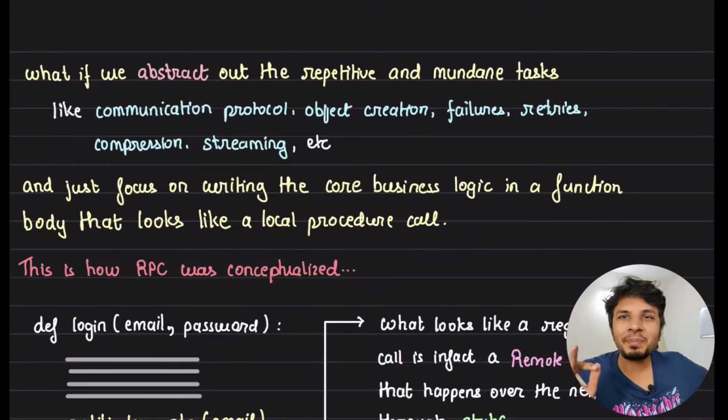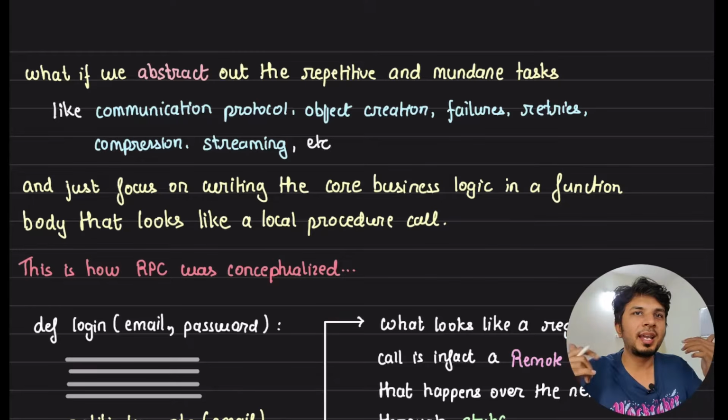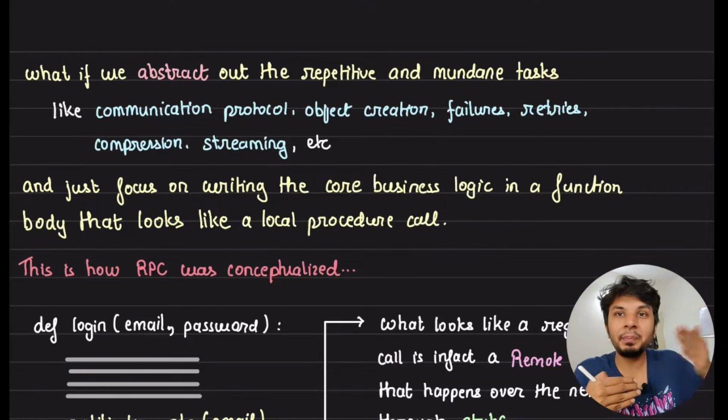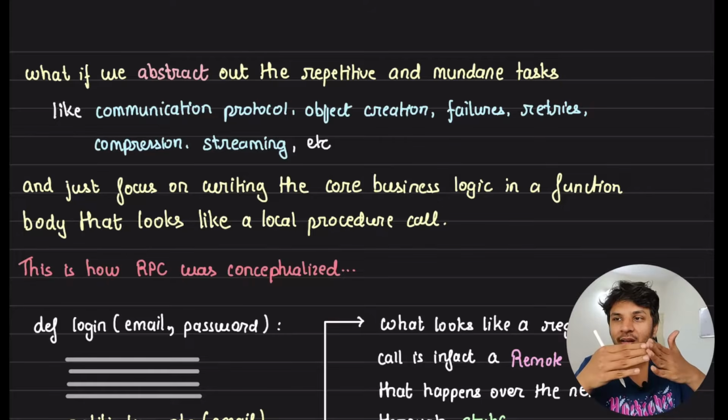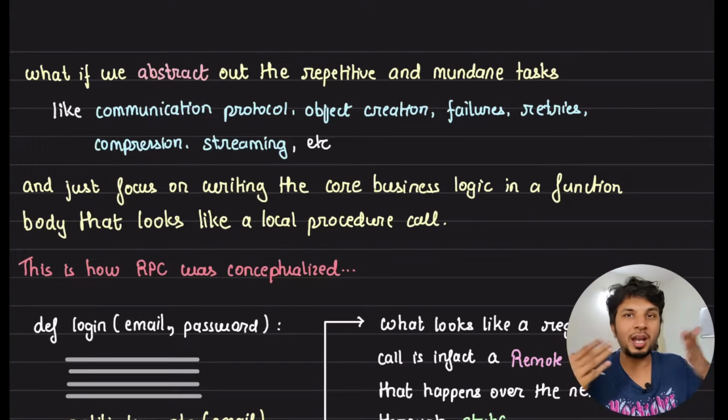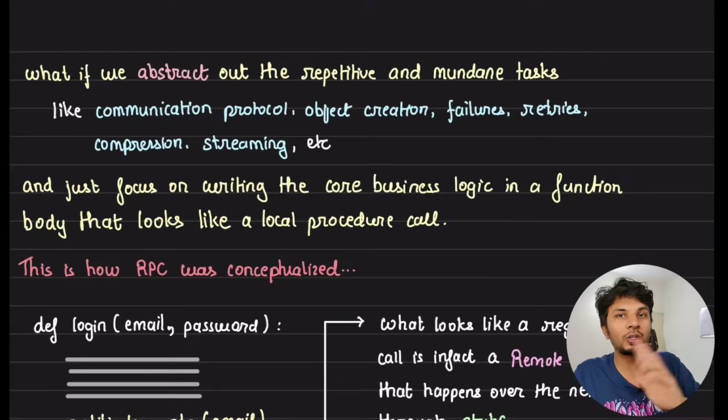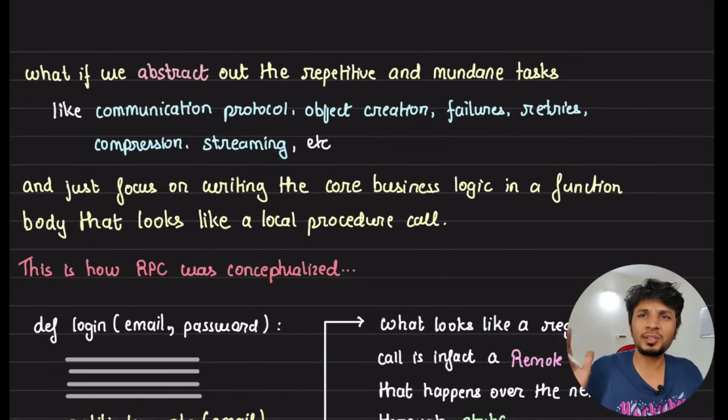So what if we abstract out this repetitive and mundane task, to be honest, like communication protocol, object creation, failures, retries. Then when you are sending payload, you might want to compress it. You would want to support continuous streaming of requests. When you are uploading large files more than a GB, you would want to stream and not make individual HTTP requests. So many things to take care of.